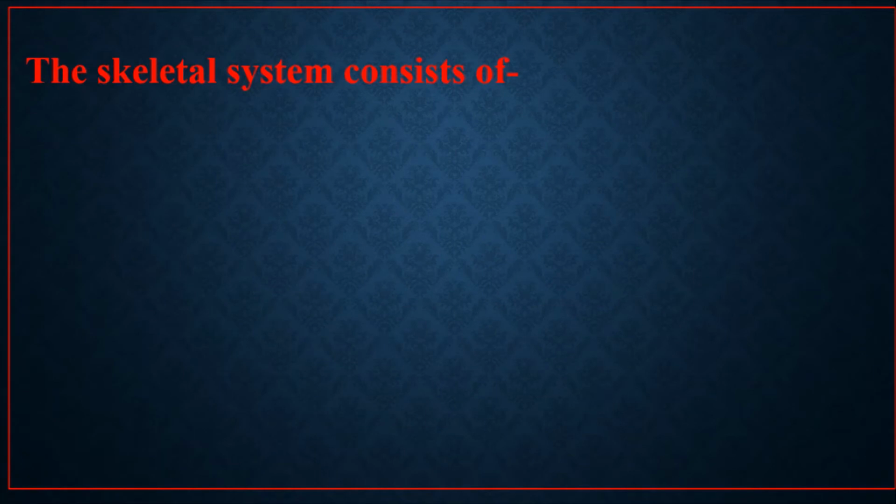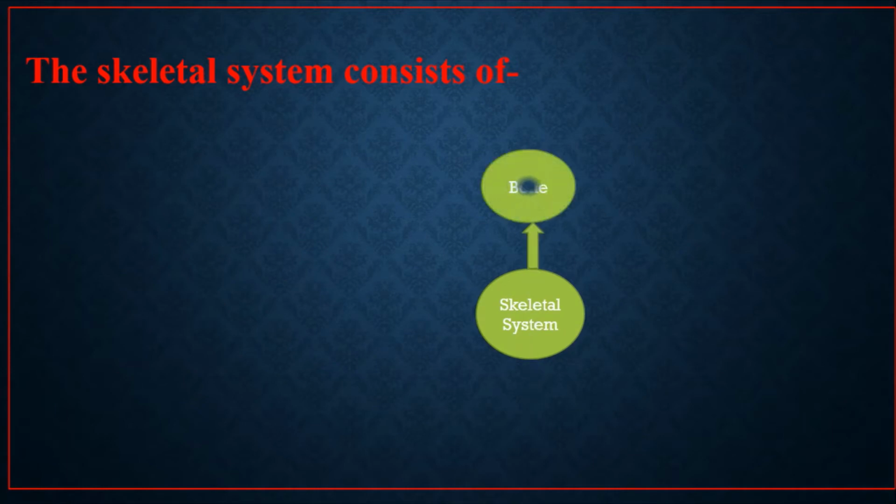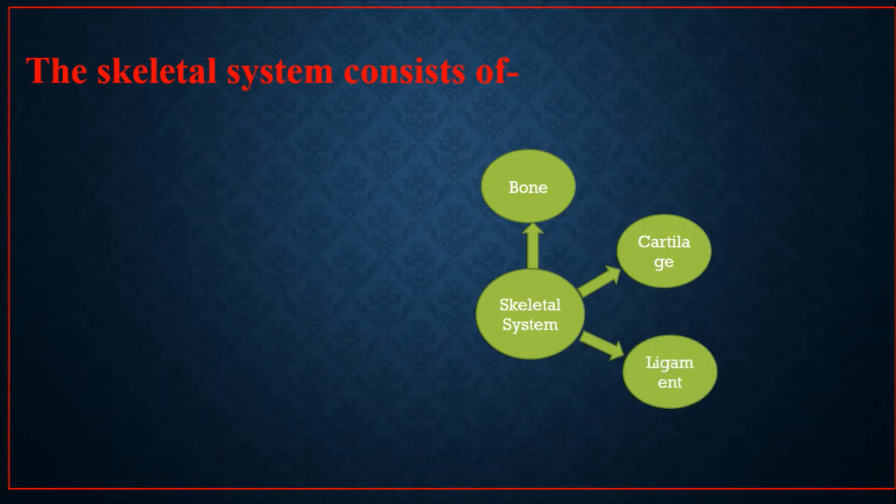The skeletal system consists of: number 1, bone, the hardest part of our skeletal system. Number 2, cartilage, the flexible part of our skeletal system. Number 3, ligament, which helps to attach two bones with one another.